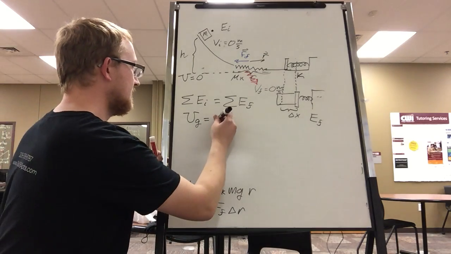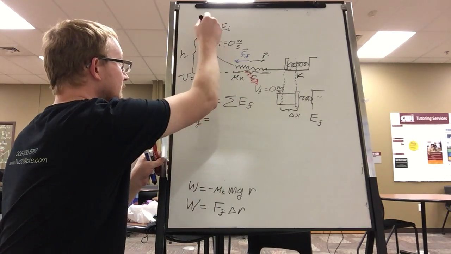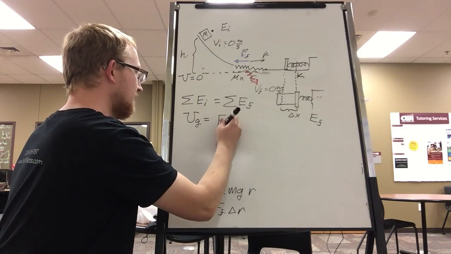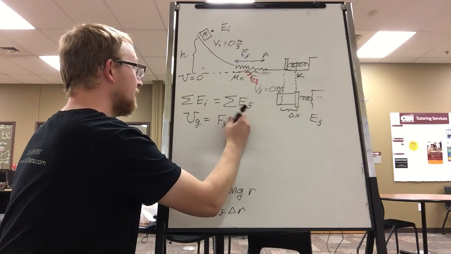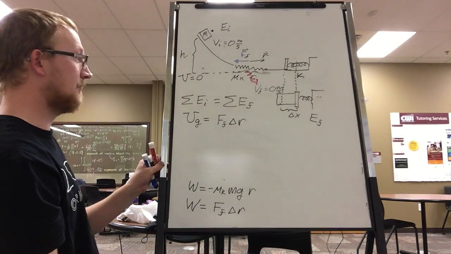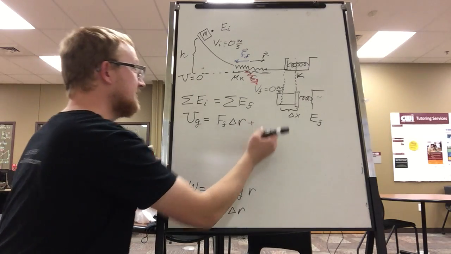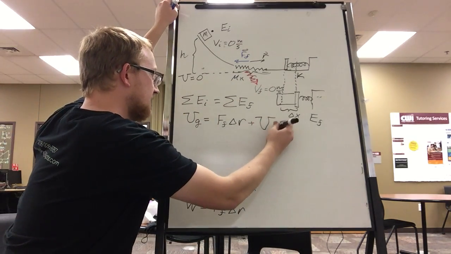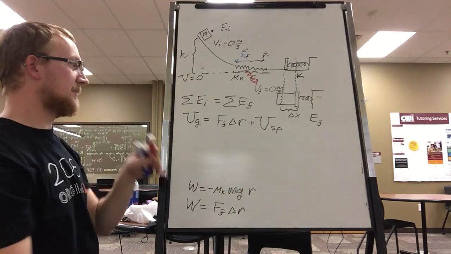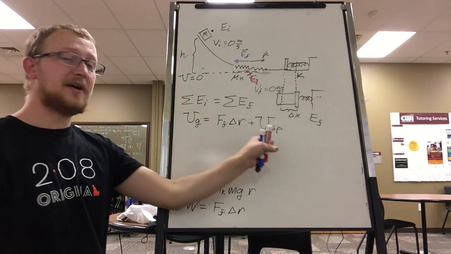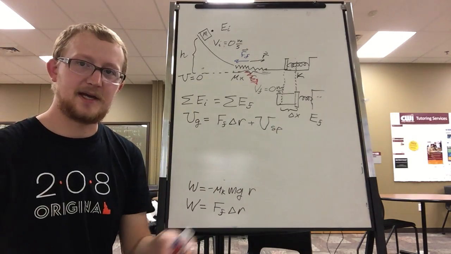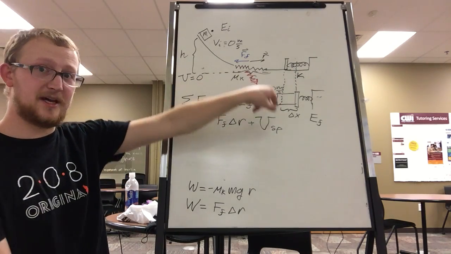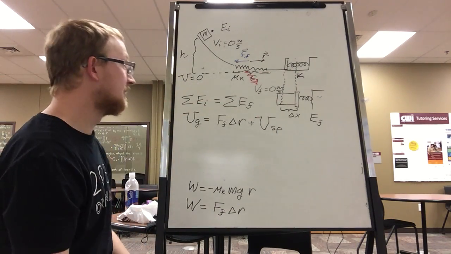So in other words, the energy I got out of this potential energy is going to equal the force due to friction times that distance r, plus now we have still the potential energy of the spring. And so as you can see, the spring is going to be compressed less now because the force due to friction actually took some energy out of the system as heat.